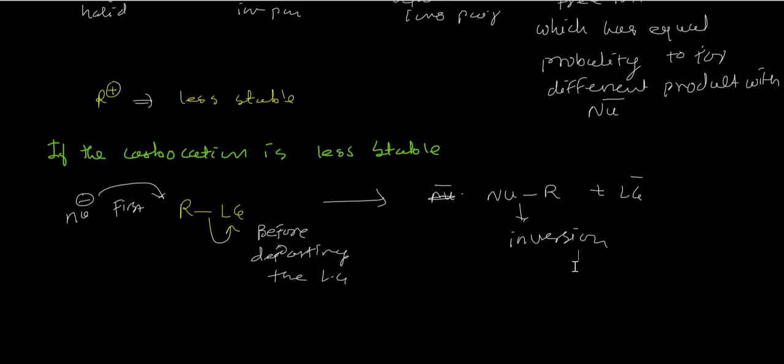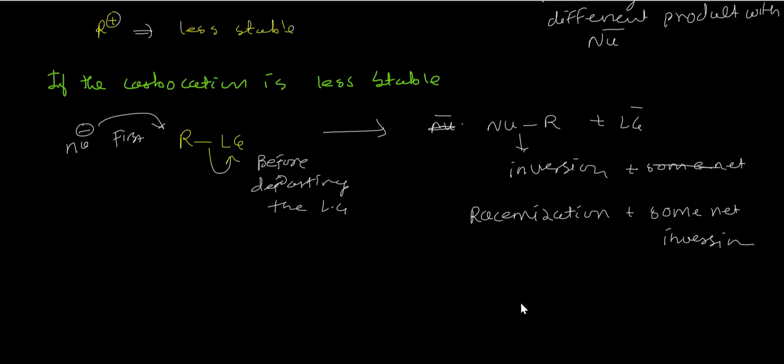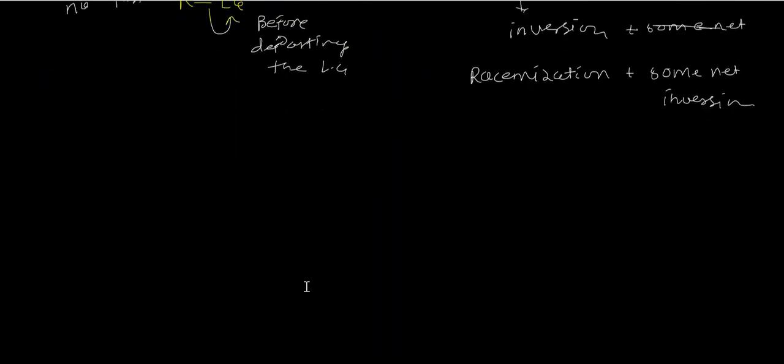Okay, so in this process racemization is there plus some net inversion is there.